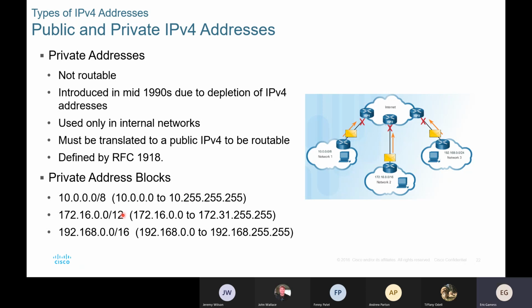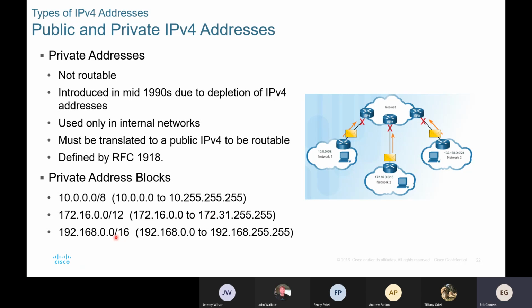Then there is a second block, which is this block, 172.16.0.0/12. It includes all the IP addresses here, from 172.16.0.0 up to 172.31.255.255. All these IP addresses are private.